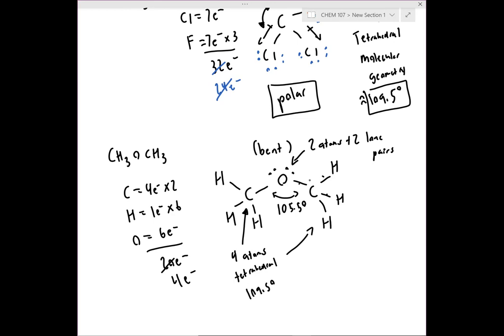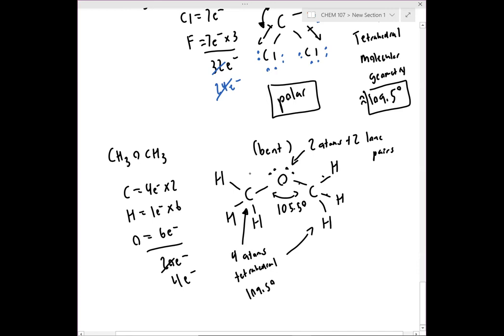So my question now, looking at this molecule, is this molecule polar? Does our central atom have polar bonds, and does our central atom have lone pairs? Is this one a 3 central or 2 central atoms? Yep, it has multiple central atoms. So let's look at each of them.